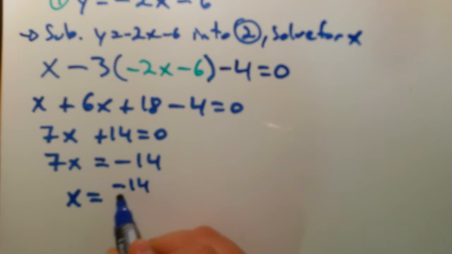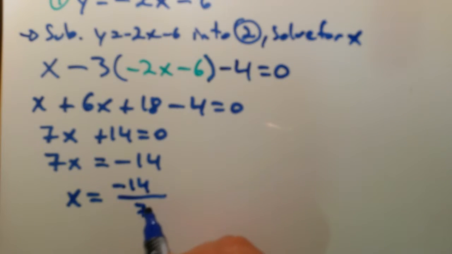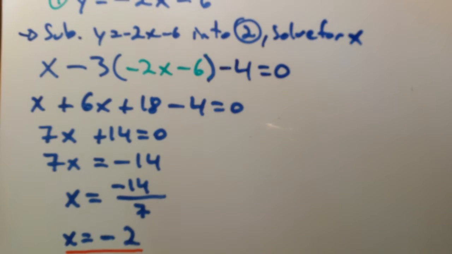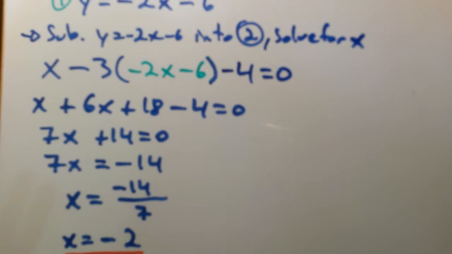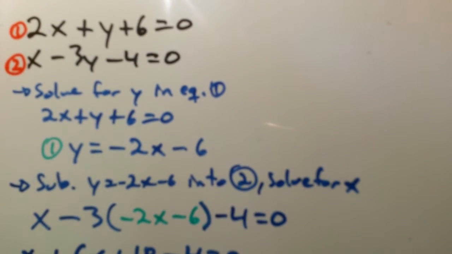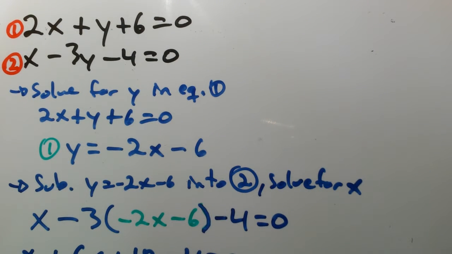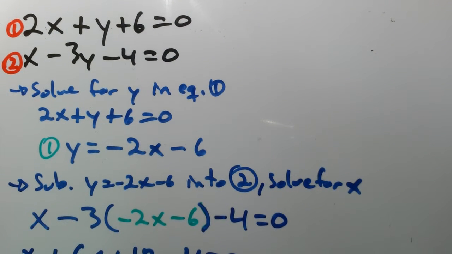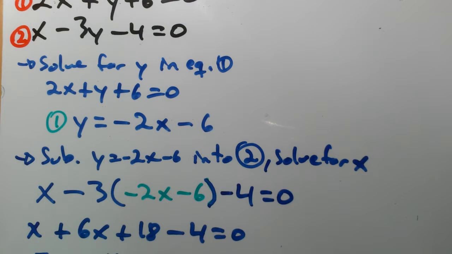We end up with negative 14 over 7, and that basically makes x equal to negative 2. 14 divided by 7 is 2. So now we have our x coordinate, and now it's the same as before. We can take this x value, which is negative 2, and substitute it into either equation 1 or 2 in order to solve for y, in order to find the y value.